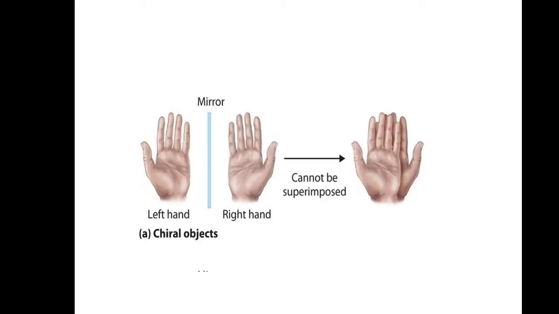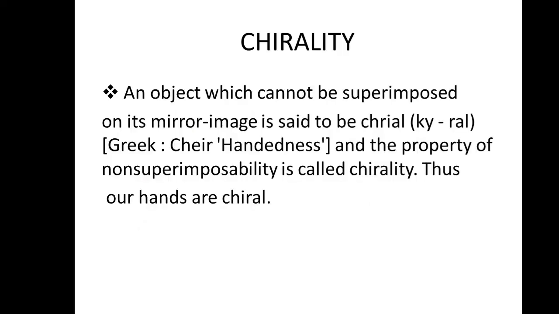Here, when we take the image of a left hand, it looks like the right hand. But we know when we place the left hand over the right hand, they will not superimpose on each other. That means they do not match each other. Such an object and its mirror image are known as chiral objects.